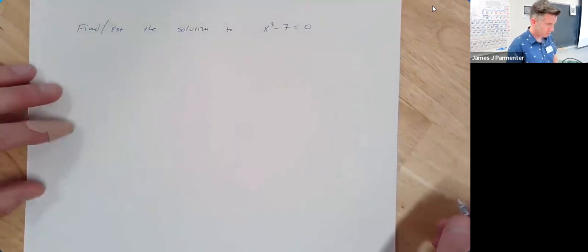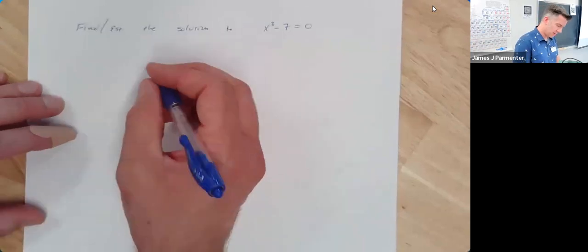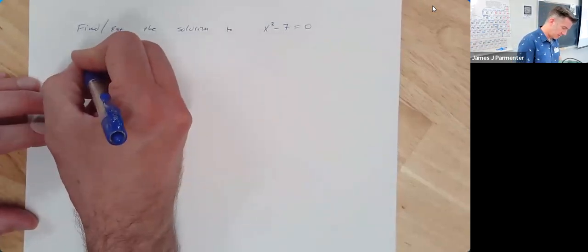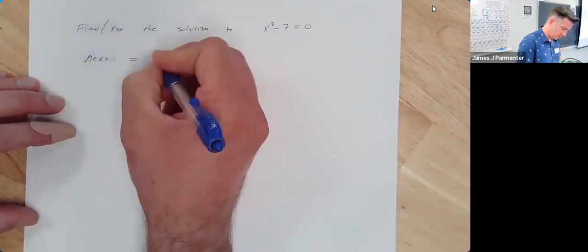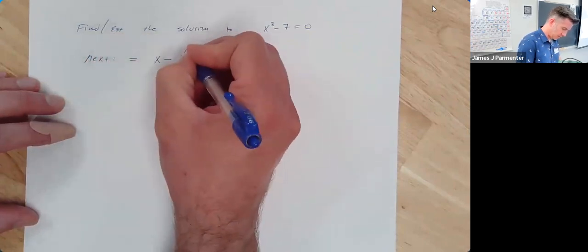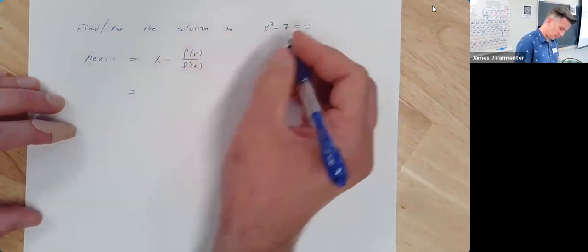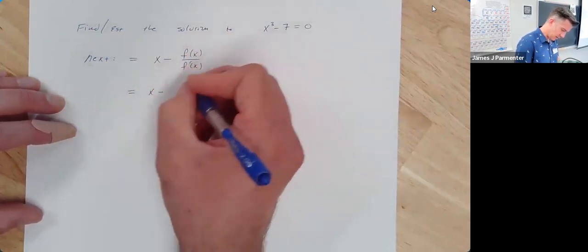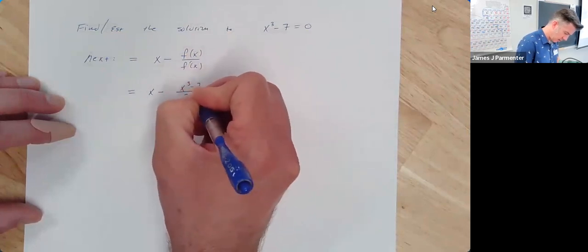So let's write down our formula. Let's just write it the nice way. Let's say our next guess is equal to x minus f of x over f prime of x, which is going to be x minus x cubed minus 7 over 3x squared.